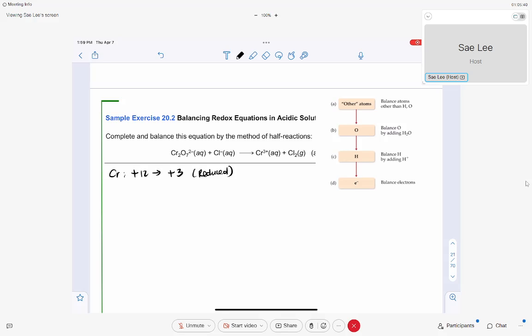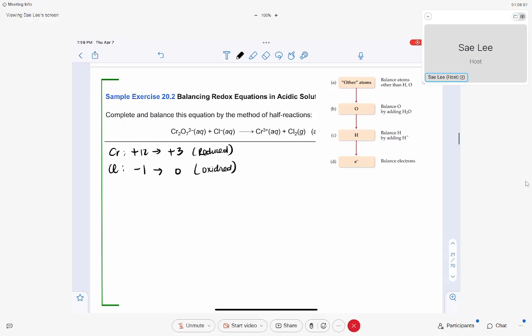For chlorine, the oxidation number changed from -1 to 0. The oxidation number increased, so this is oxidized. So we can now visualize which atom participated in the reduction and which participated in the oxidation portion of the reaction.